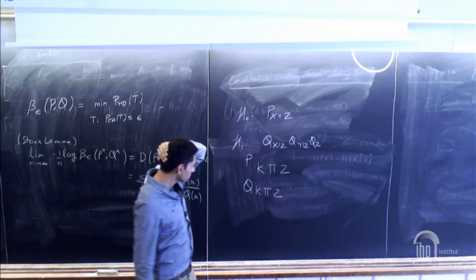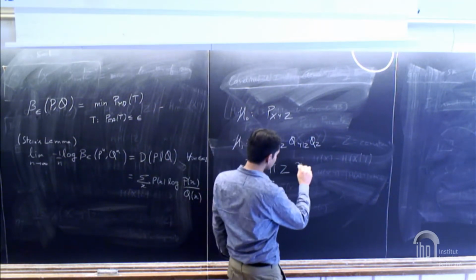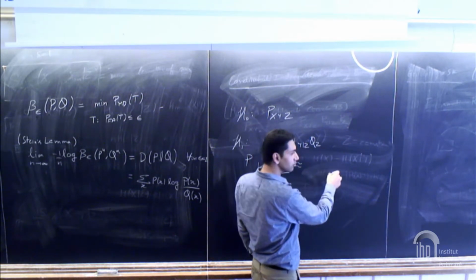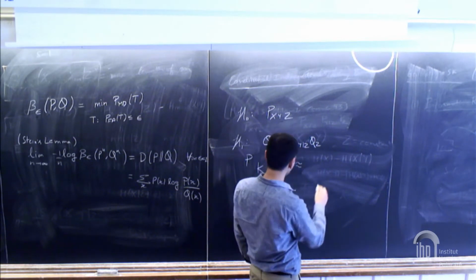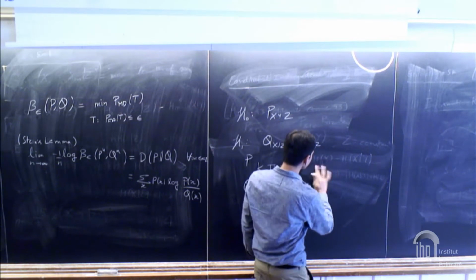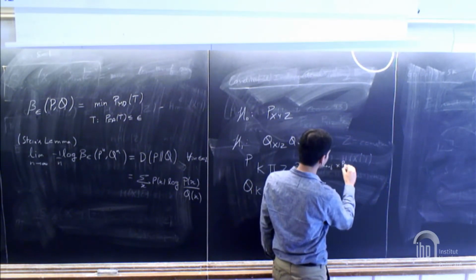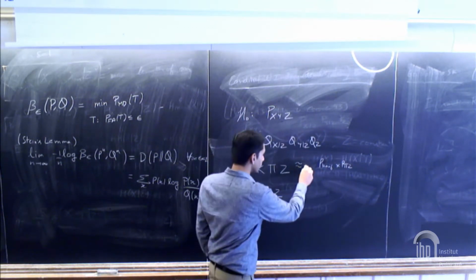So by the security criteria, we know that this distribution is approximately equal to what? Right, it's approximately equal to uniform times P_piZ. That's the knowledge we want to use.